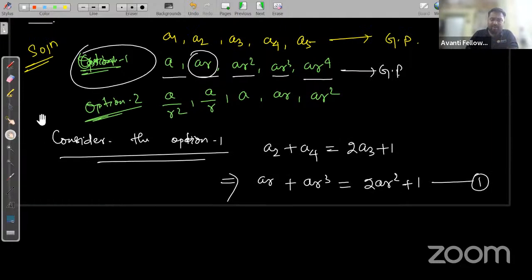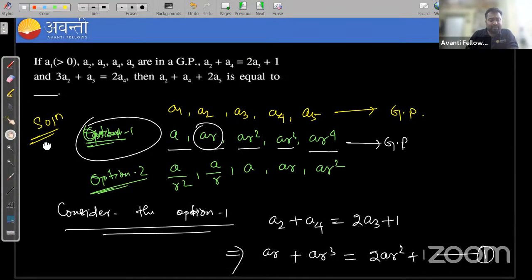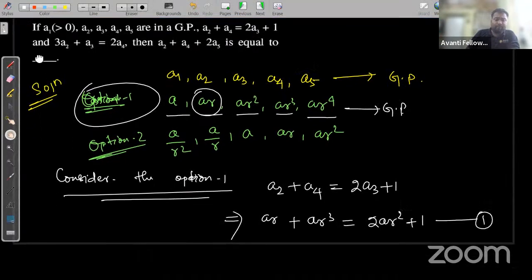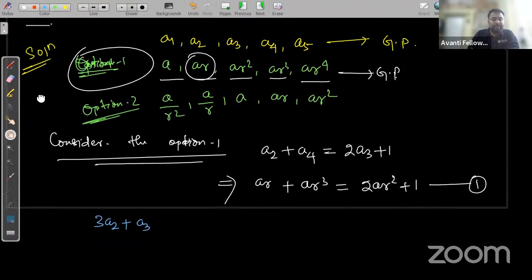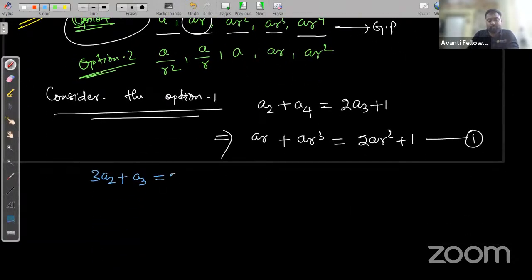Okay, what is the second condition given in the question? That is 3A2 plus A3 is equal to 2A4. So let's check. 3 into A2, that is AR, plus A3, that is AR square, is equal to 2 into A4, that is AR cube.